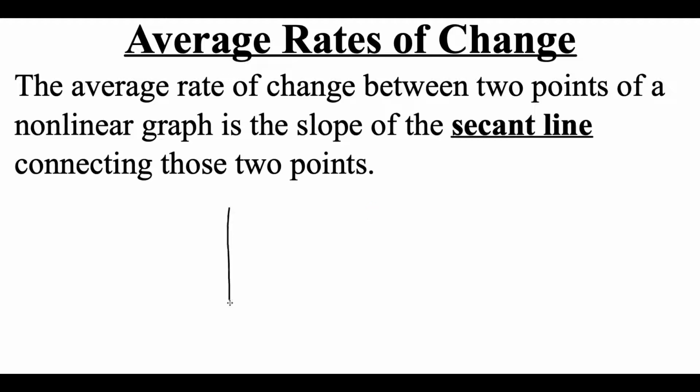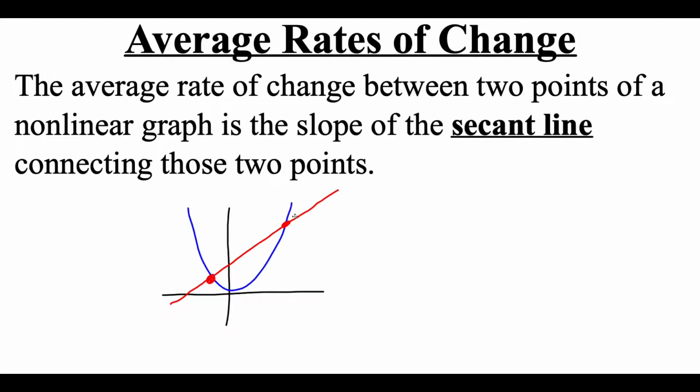And a secant line is just a line that intersects a graph at 2 spaces. So if we had, say, a parabola shape, and we wanted to draw a secant line, say we had this point down here and this point up here, we would connect those 2 points with a line. Because it hits my graph in 2 places, that's a secant line. And then we could find the slope of that secant line, and that would represent the average rate of change between these specified points.